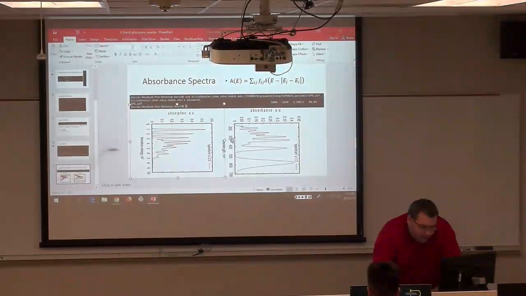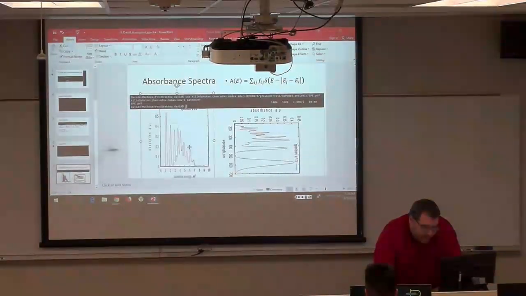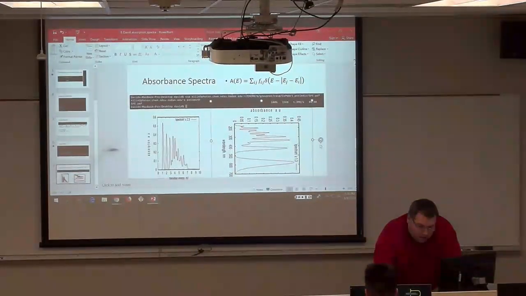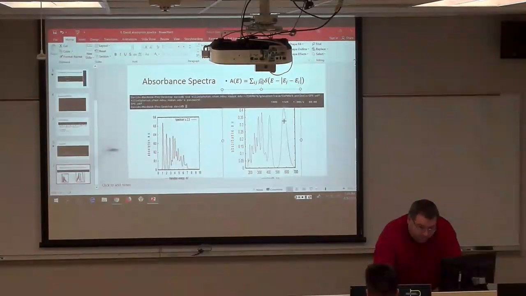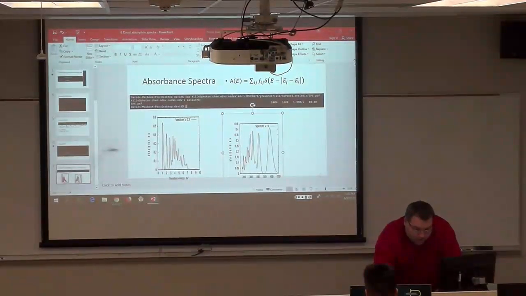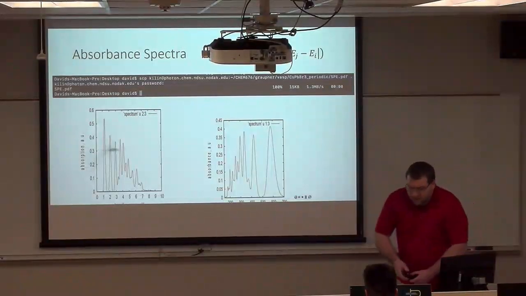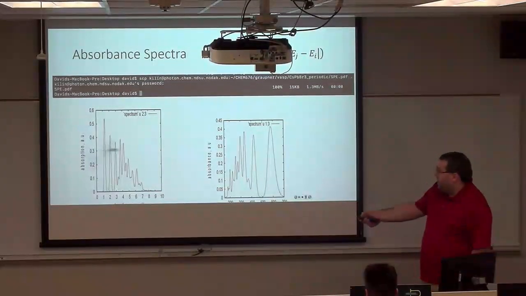So if you look at this, we have our absorption spectra. The one that I showed the code for is the one on the left, and this is in eV.